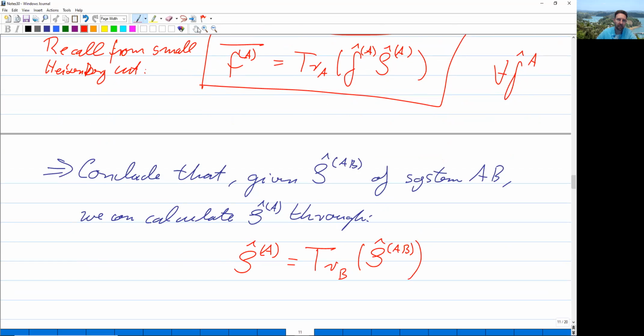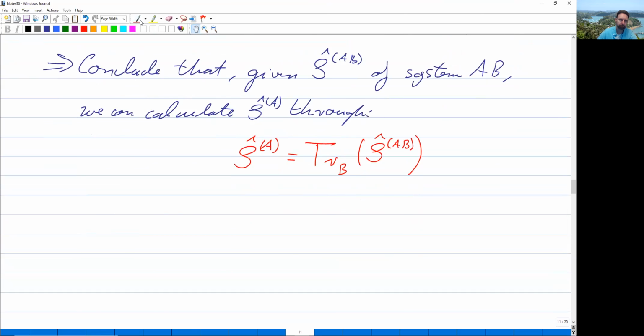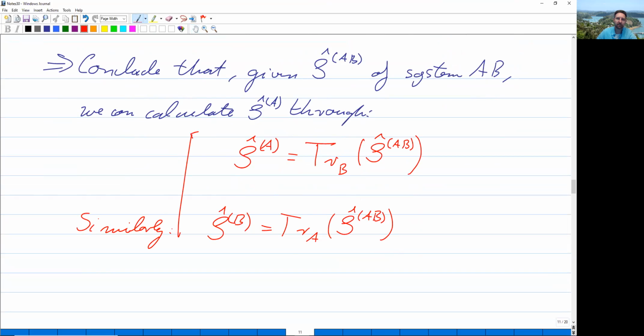And of course, similarly, the state of subsystem B is obtained as the trace over subsystem A of the total state. All right, so this is super important.